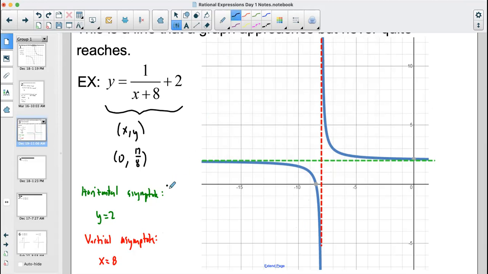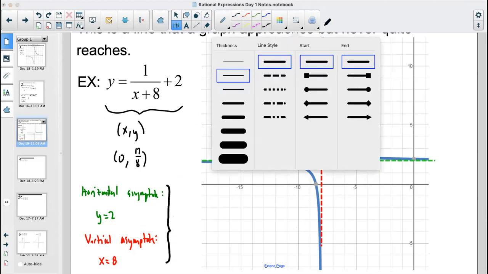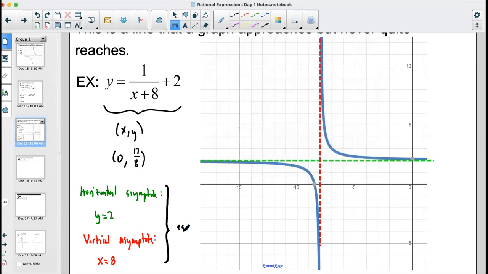And let me be clear, the equations of asymptotes are equations of a line. This is what I mean and why I'm emphasizing that. If I ask you what the horizontal asymptote of this function is and you say 2, that's wrong. The horizontal asymptote is the line y equals 2.